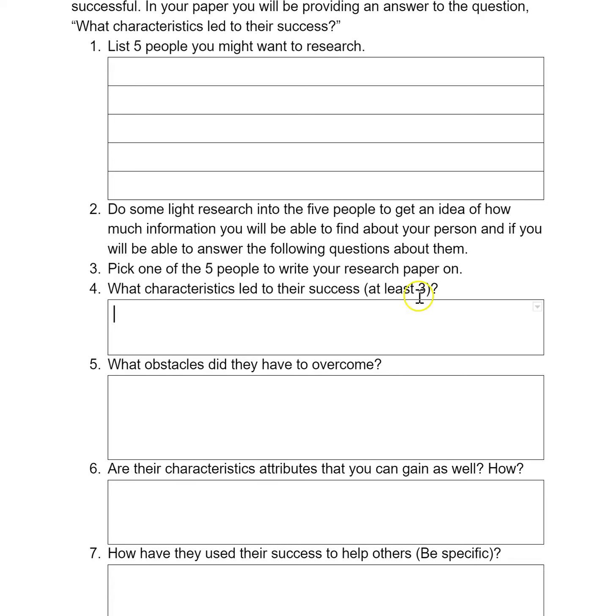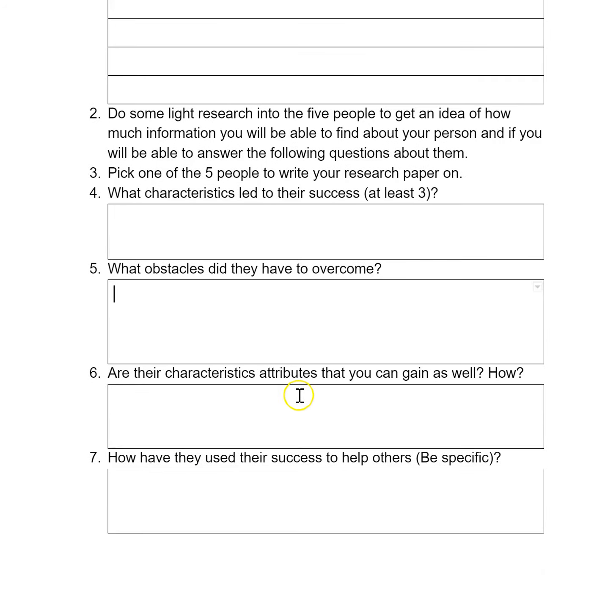But have at least 3. Of course, you can include more. 5, what obstacles did they have to overcome? So just make a quick note of something that you've read about or something you know about that was a challenge for them when they first started. And then are there characteristics, attributes that you can gain as well?